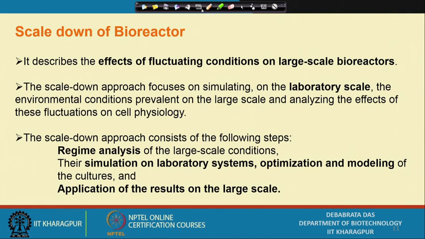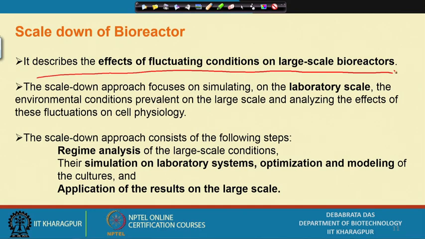Now, scale down describes the effect of fluctuating conditions on the large scale bioreactor, because when you operate any kind of fermenter, it may so happen that operational conditions change. I can give a simple example: power failure. Power failure is a common issue in any kind of industry as far as India is concerned.